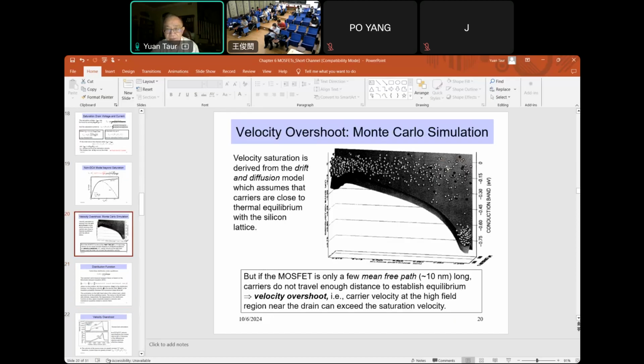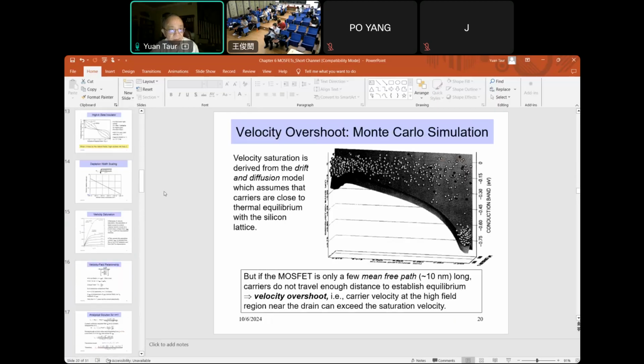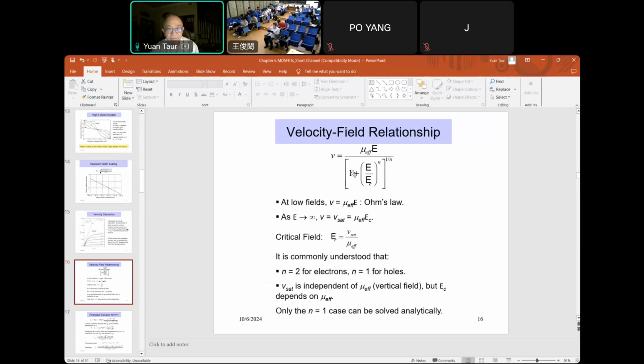In other words, the carriers near the drain are no longer following the velocity saturation model. Let's go back to that. Okay. This actually is due to the electron and optical phonon collision. But if there are not enough collisions, then the velocity will not be saturated.